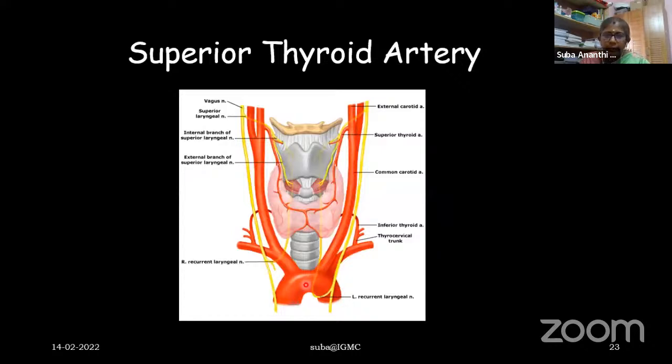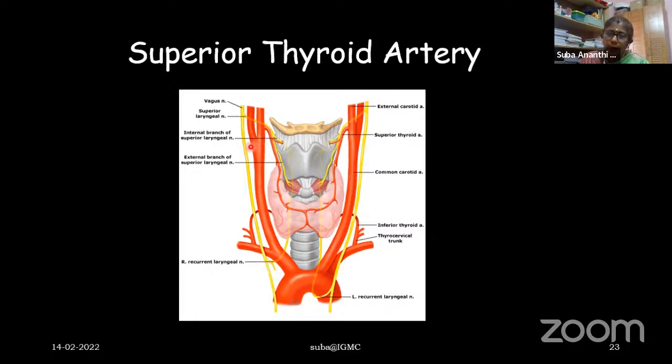So we'll see in detail about the superior thyroid artery. The superior thyroid artery is a direct branch arising from the external carotid artery. The external carotid artery arises from the common carotid artery at the level of the upper border of thyroid cartilage or the disc between C3 and C4.